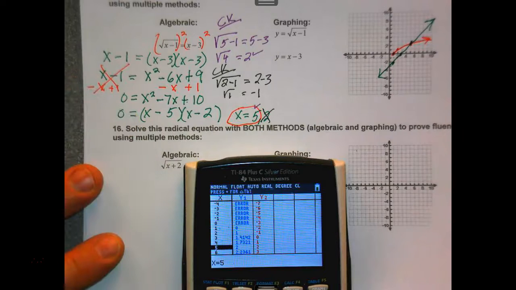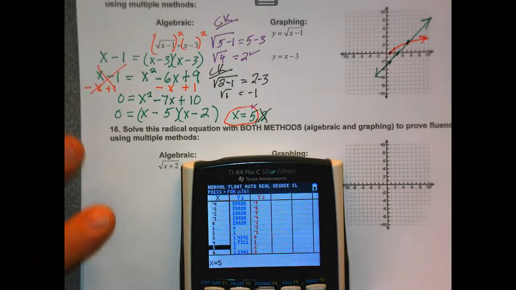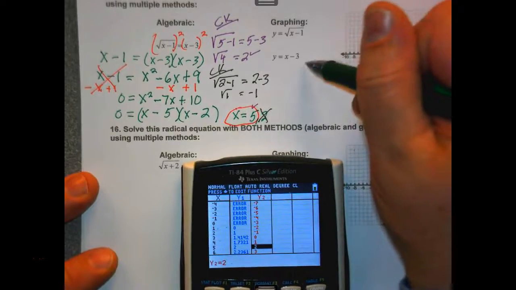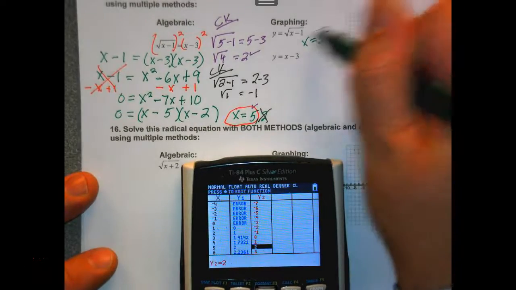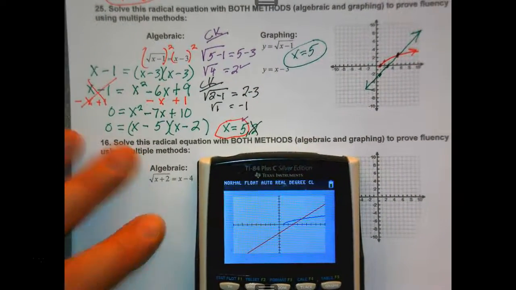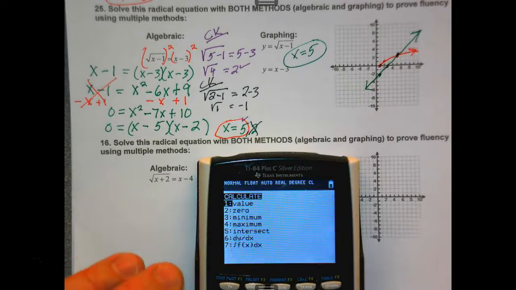And to find the point of intersection, this one's pretty easy because they both have x, 5, and 2. See right there, 5 and 2. So I know that the solution is x equals 5. But if it wasn't that clear, you can go to your graph, go to second trace, go to intersection.